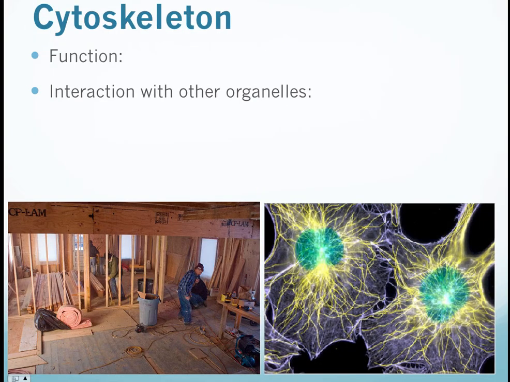Finally, the last structure we're going to be looking at is the cytoskeleton. And this isn't an organelle, but it's quite important for a cell itself, because as we looked at the analogy of those houses being like a cell, we need to have some sort of structural support and framework. And that's what the cytoskeleton really is.